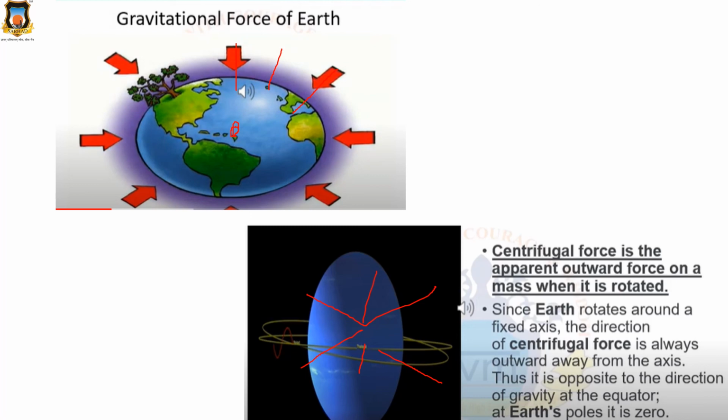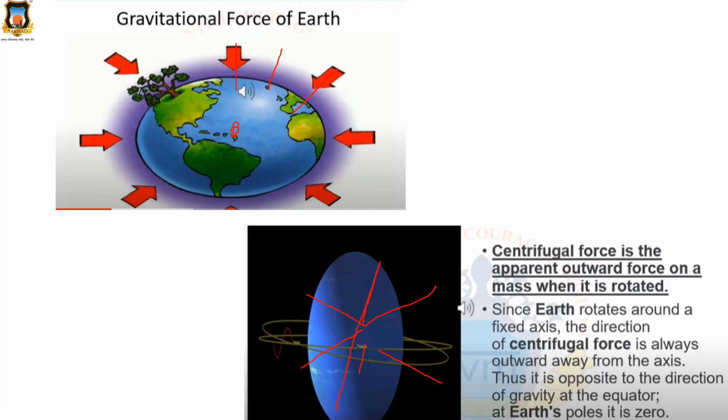Since Earth rotates around a fixed axis, this is the axis. The direction of centrifugal force is always outward, away from the axis. Gravitational force is toward the center. Thus, it is opposite to the direction of gravity. Gravity is inside, centrifugal is outside.